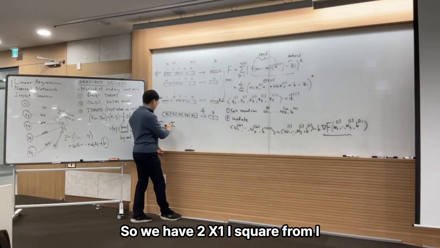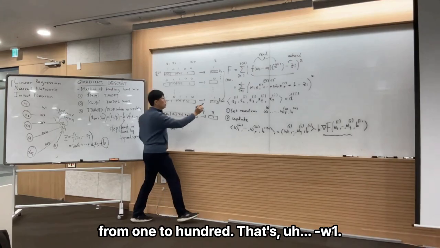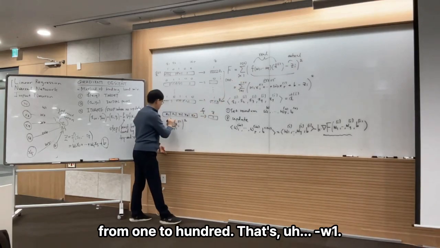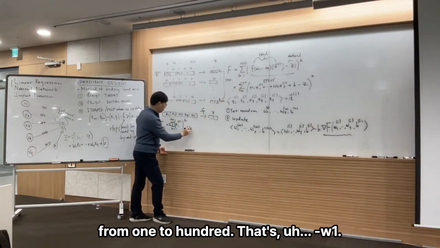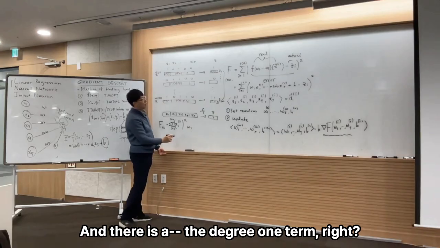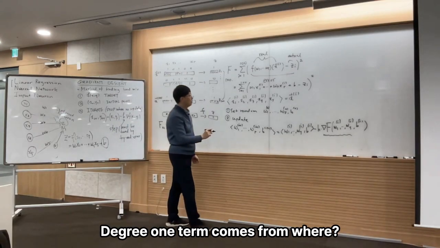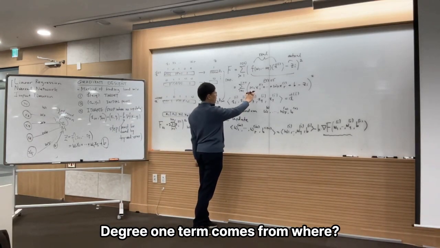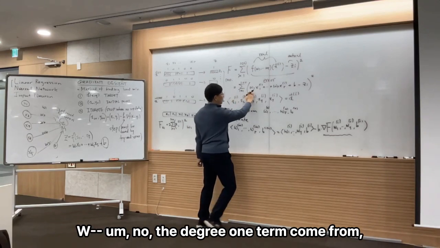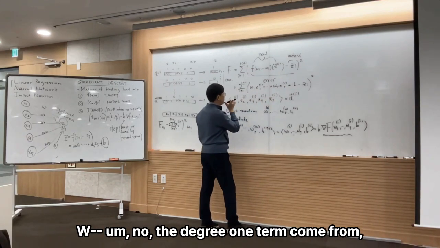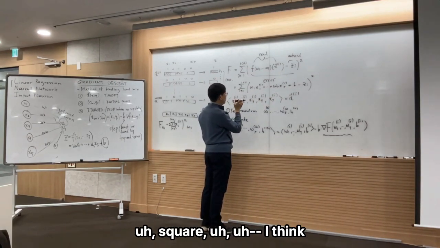So we have 2 times the sum of x1i squared for i from 1 to 100, times w1. And there's the degree 1 term, right? Degree 1 term comes from where? No, the degree 1 term comes from the square.